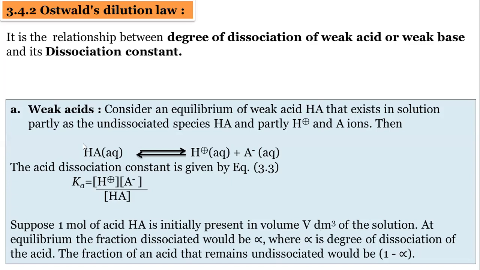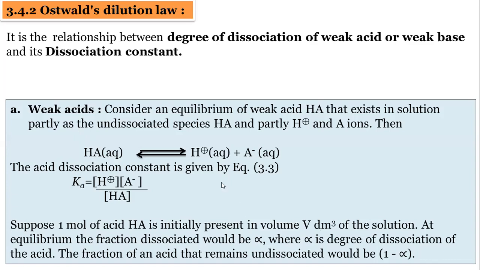Initially means before starting the dissociation, 1 mole of acid is present, and at equilibrium what will happen? The fraction of HA that dissociates is called alpha. So alpha is the degree of dissociation, meaning the fraction of acid dissociated.